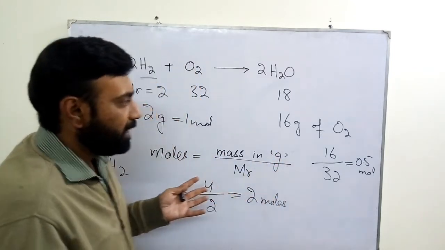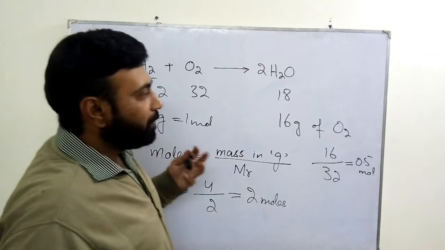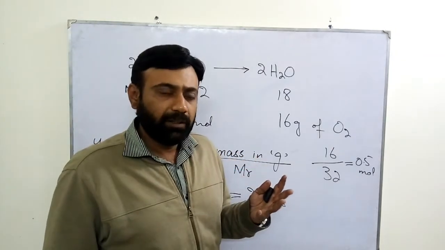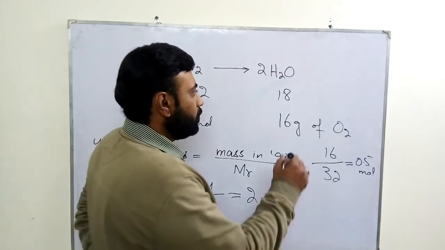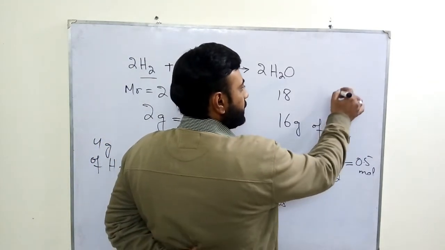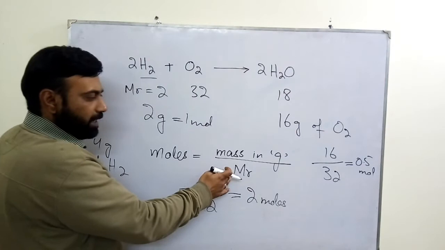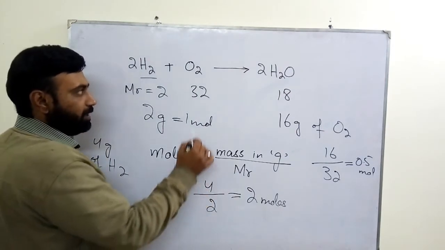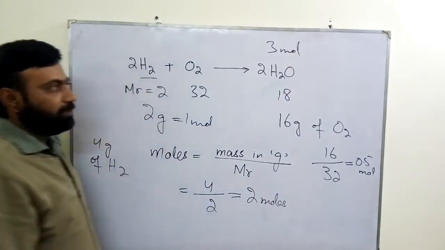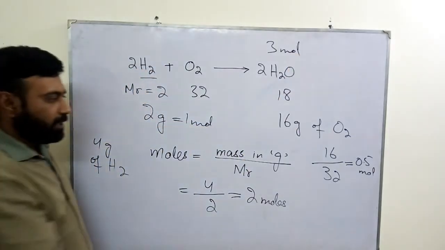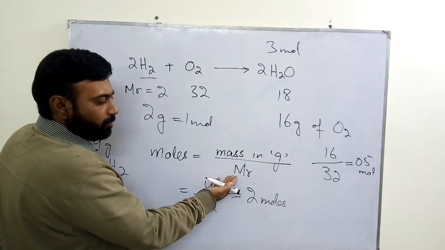For example, if somebody asks you how many grams would be there in 3 moles of water, what you are going to do is: moles equals mass in grams divided by Mr. This time we already know that there are 3 moles of water and we need to calculate the mass in grams. So we rearrange this formula.